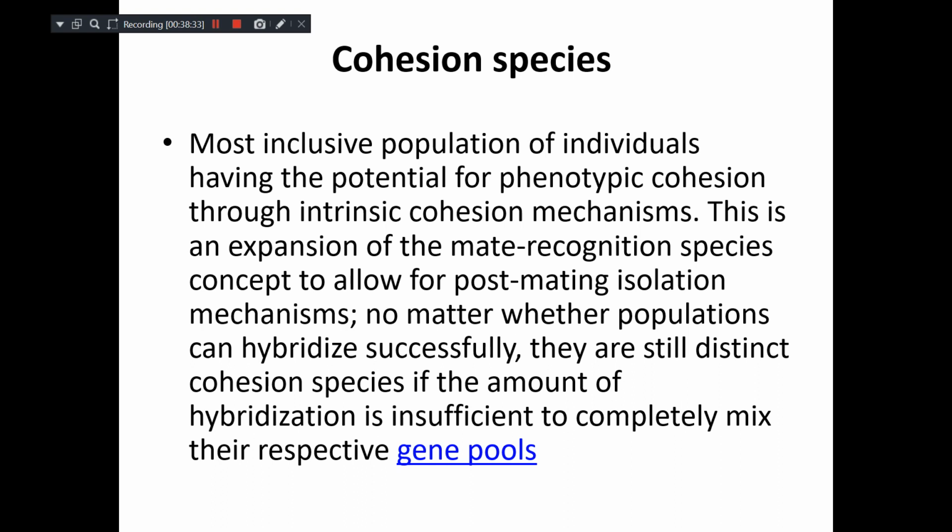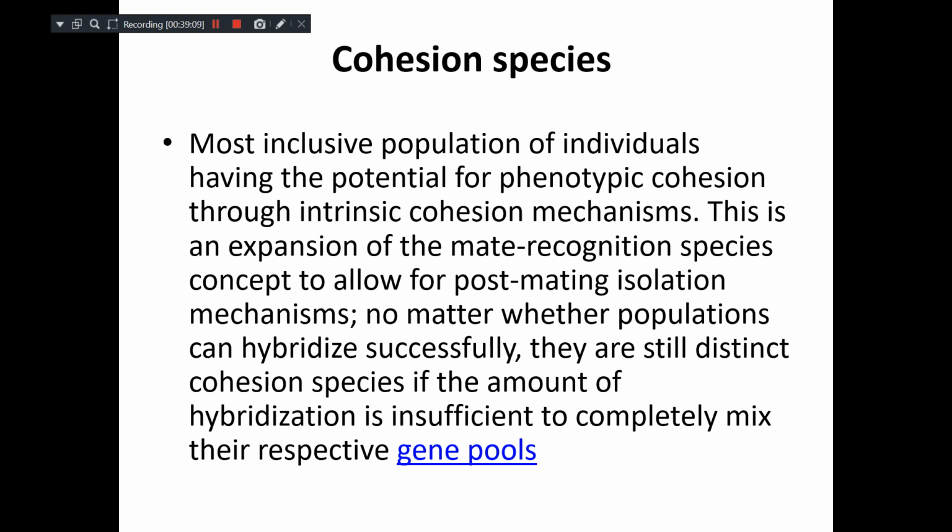Another species is known as quiescent species. This is a very interesting species definition. There are many inclusive populations of individuals where they have the potential for phenotypic cohesion through intrinsic cohesion mechanism.